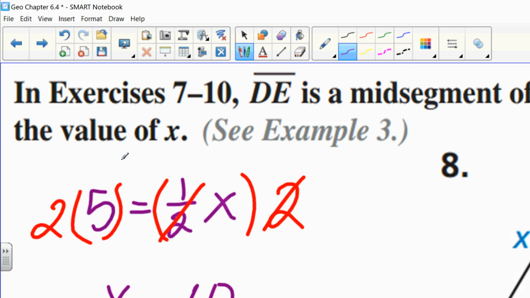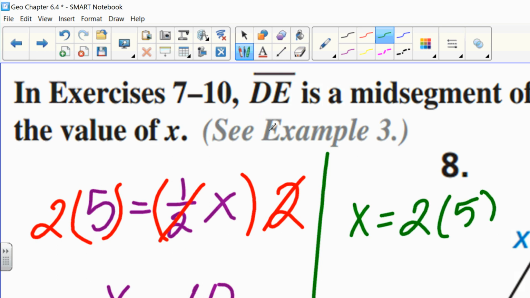So we could do it that way, or we could say that the third side is equal to twice the midsegment. Either way, we'll get to the same answer. Any questions on this here?